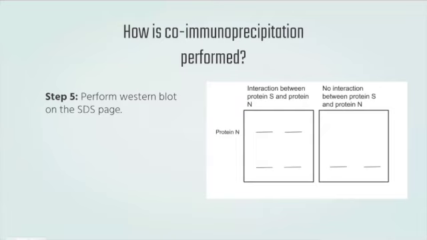In the Western blot, if protein S and protein N interact, then protein N would be present in the sample that was added to the SDS-PAGE, and the anti-N antibody would interact with protein N. Then there would be a protein band present that represents protein N. However, there would not be a band that represents protein N if there was no reaction between protein N and protein S. If this explanation didn't fill in all the blanks, hopefully next, our analogy should solidify your understanding.